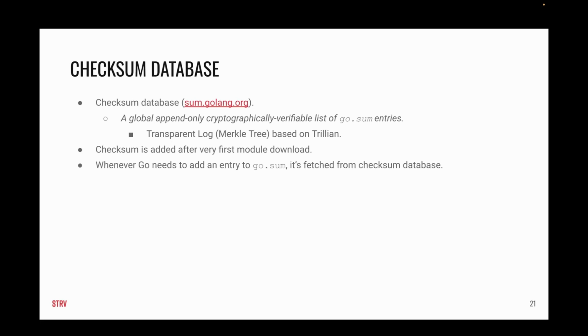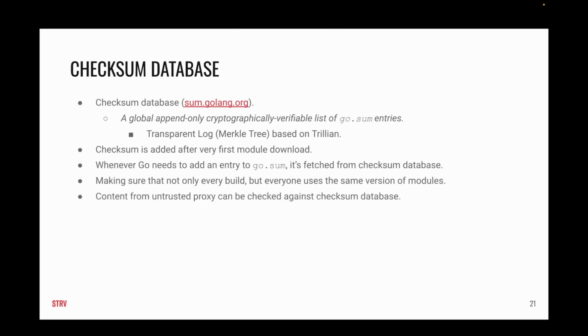When a Go command wants to compare the downloaded module with a go.sum entry, and the entry is missing, this entry is fetched from exactly this database. So you can be sure that not only am I sure that it's the same one each time I download the module, but everyone around the world downloads exactly the same module, no matter what source they are using.